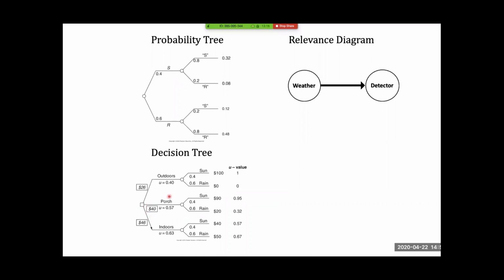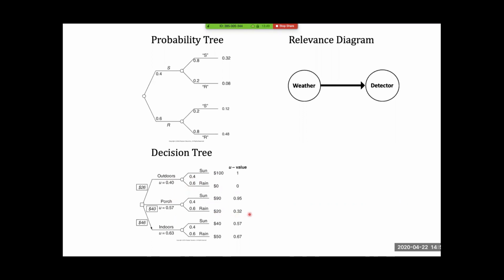This is a decision tree for the party problem without any rain detector or clairvoyance message. What we're going to do in chapter 14 and in today's recording is to represent this decision tree also with a diagram that is just simpler to read.